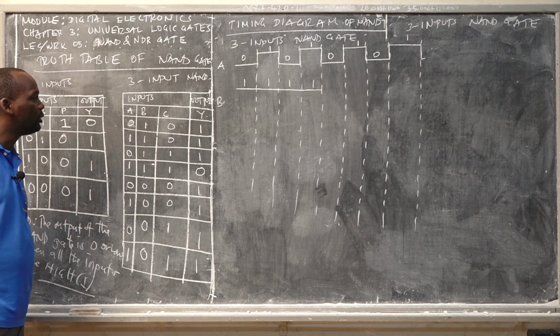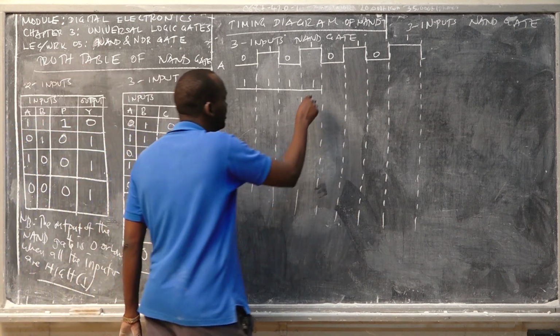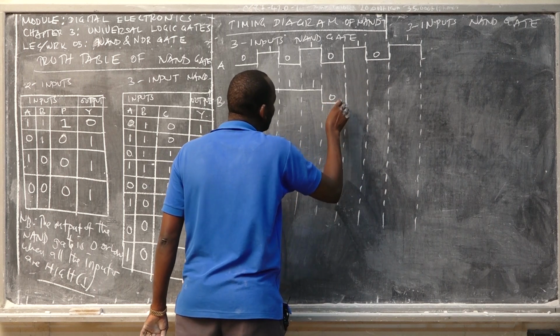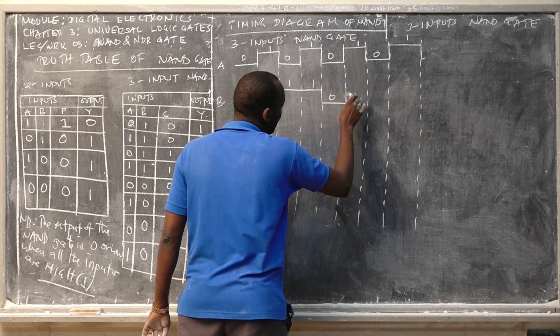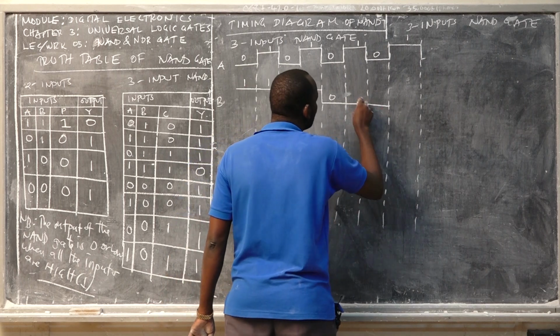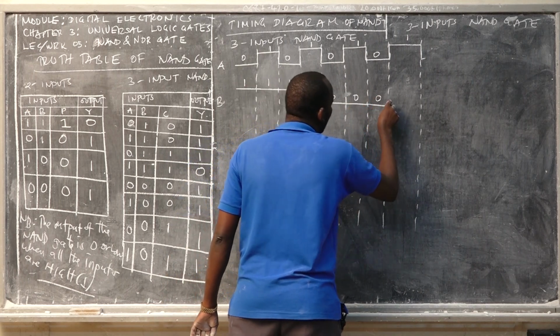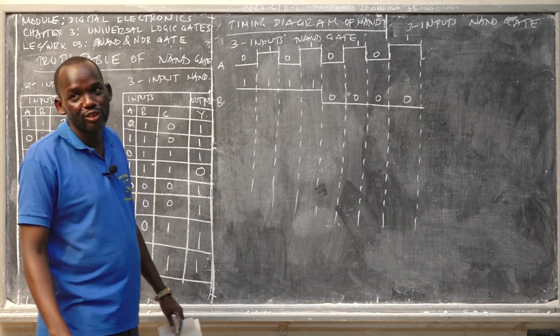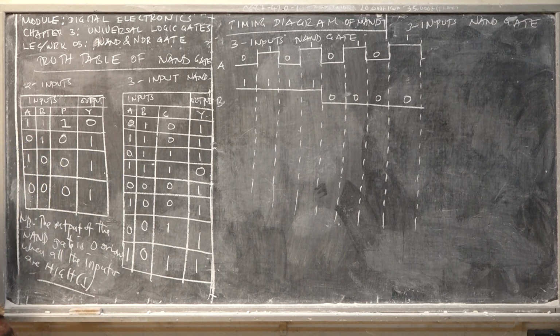The next bit for input B, 0. The next bit for input B, then the next one, are you sure? Ask your neighbor, do you like zeros nowadays? In terms of marks of the test assignment? No, you don't like. But in digital, you like zeros.